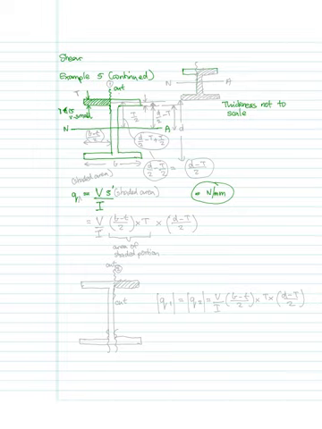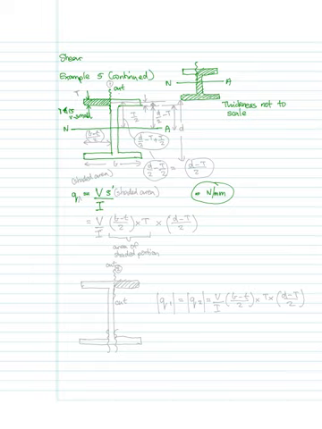If you took out the section again, not to scale, making a cut here, and that's going to be our neutral axis, and you had considered all that, it should work out to be the same.